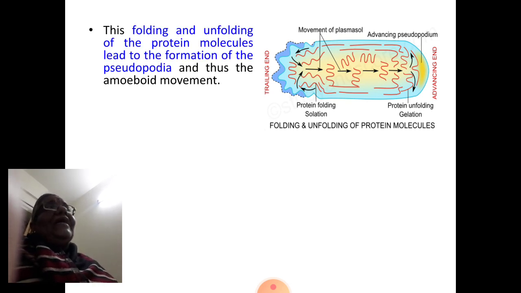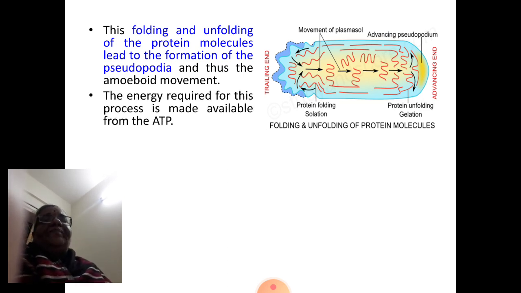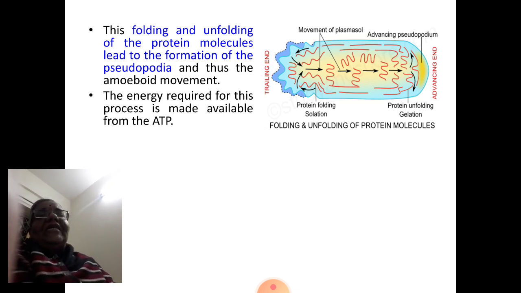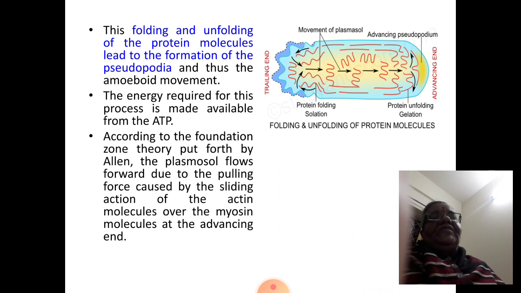This folding and unfolding of protein molecules lead to the formation of the pseudopodia and thus the amoeboid movement. And the energy required for this process comes from ATP, that is adenosine triphosphate. Then there is one more theory, the fountain zone theory, put forward by Allen.